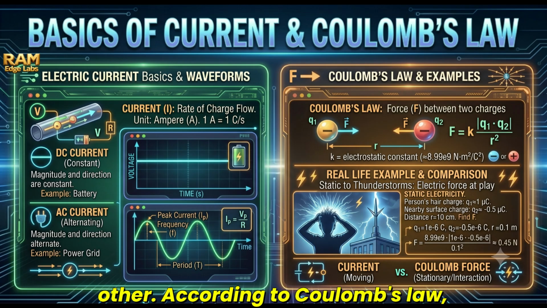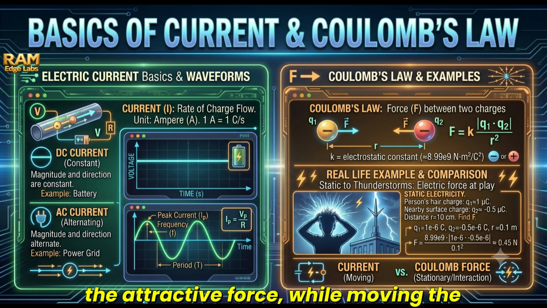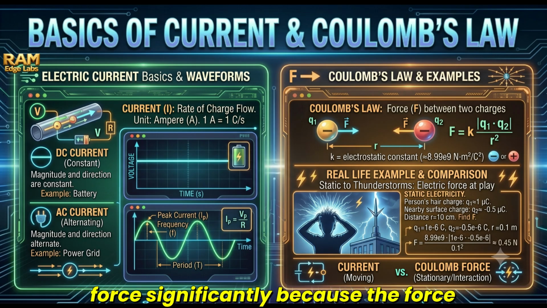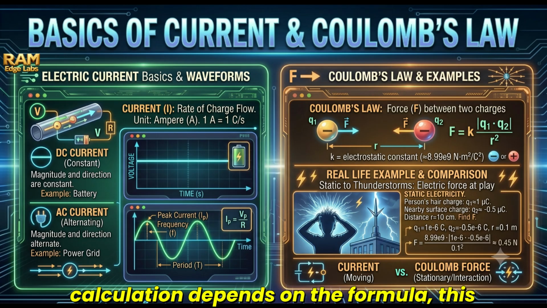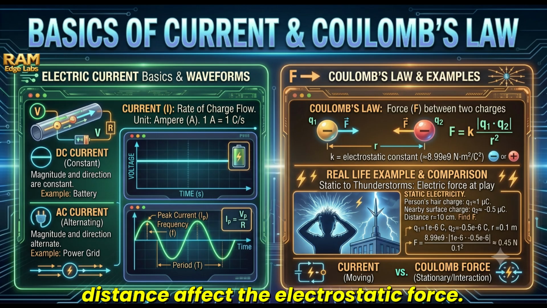According to Coulomb's law, increasing either charge would increase the attractive force, while moving the charges farther apart would reduce the force significantly because the force decreases with the square of the distance. Although the exact calculation depends on the formula, this example demonstrates how both charge and distance affect the electrostatic force.